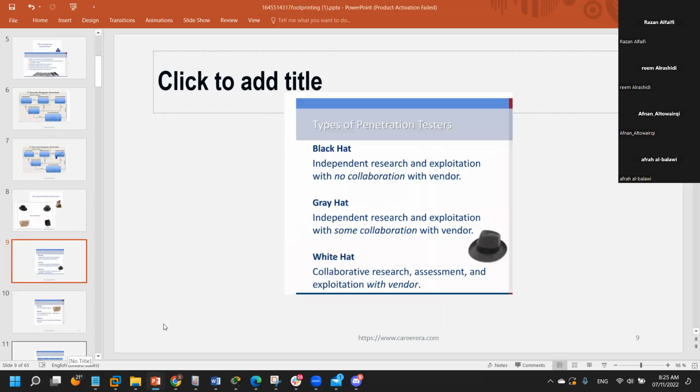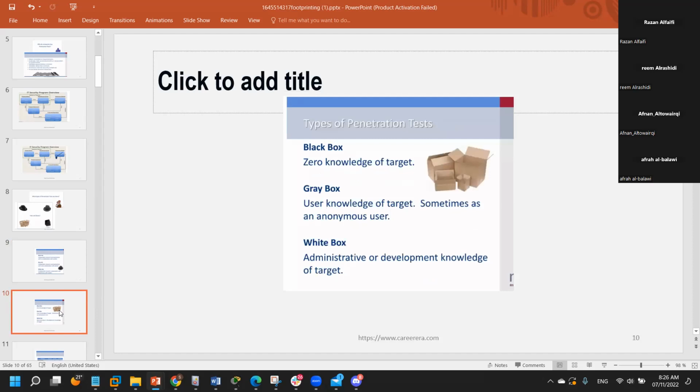He found a very nice vulnerability in one of these new products and found it more profitable to sell it on the dark web. So the gray hat works in between. So you have the black hat, the gray hat, and the white hat. And we have different types of testing as well.